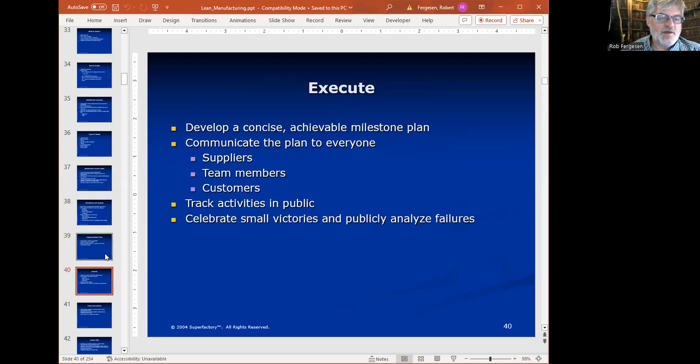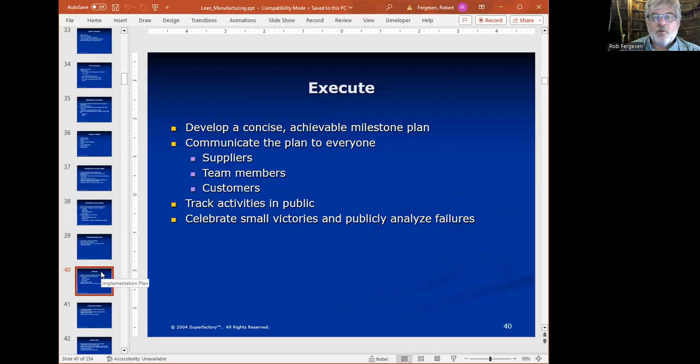So you develop an implementation plan and you execute. And then you communicate. It has to be well communicated. The most important thing is when you have a work cell, you have any kind of process improvement, you've got to get the support of, number one, the bosses. They have to be behind you. That's absolutely required. Number two, you need the operators on the line to support you.